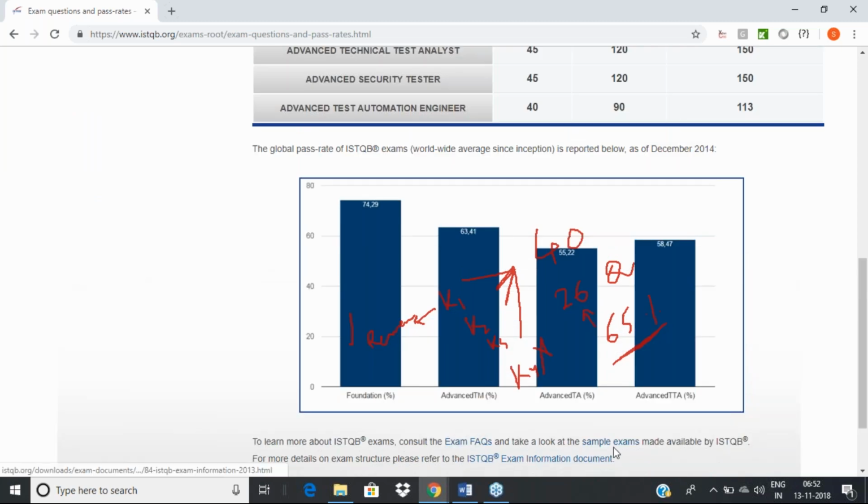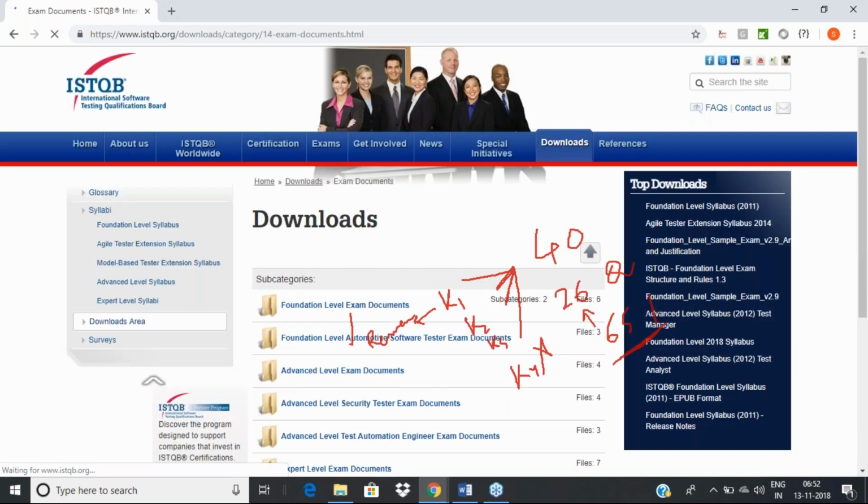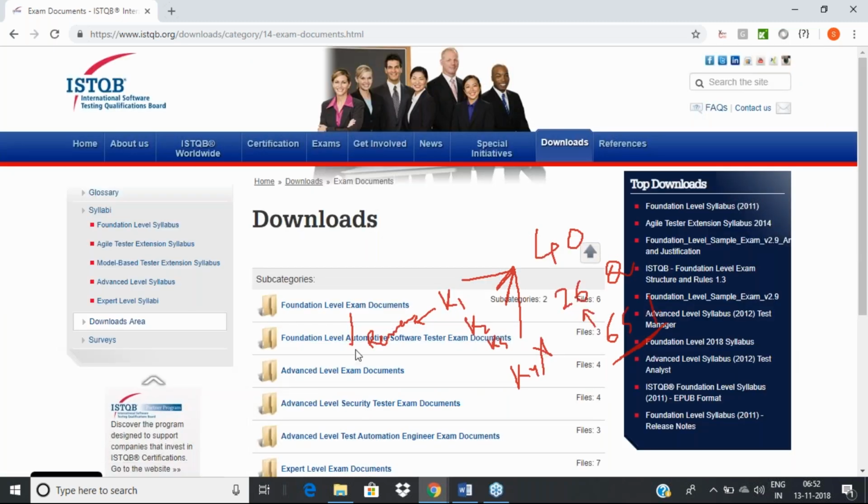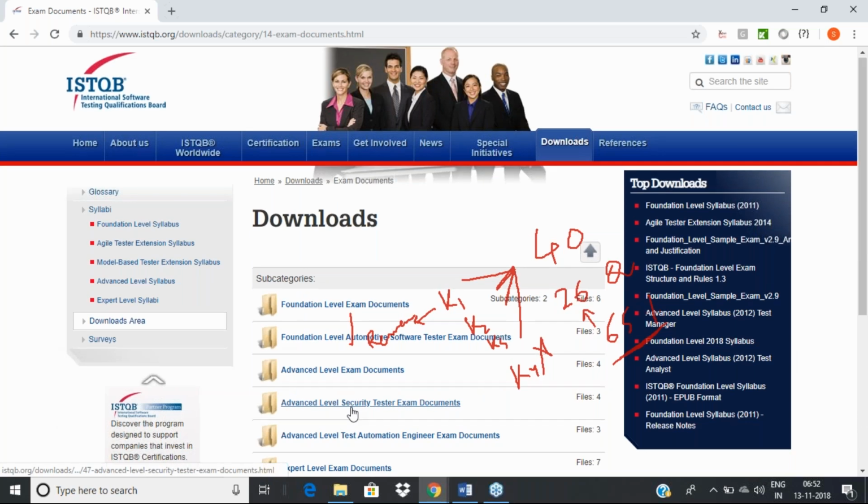You can see from sample exams here, foundational level exam documents, exam files. So you will get only this much.